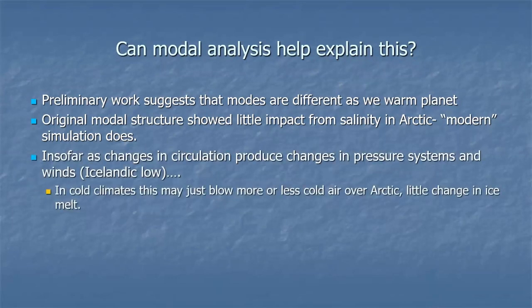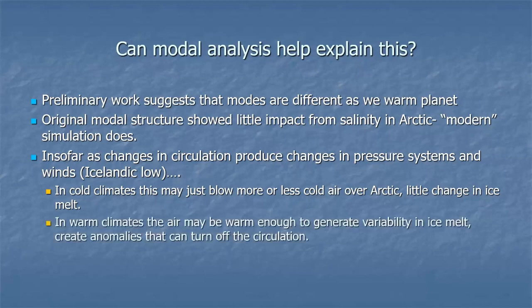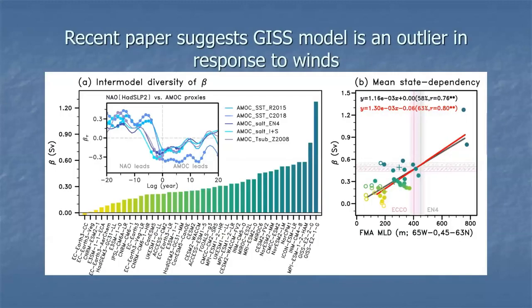And insofar as we showed earlier that changes in circulation produce changes in pressure systems, what may be happening here is that in cold climates, with the Icelandic low, those changes in the pressure are bringing air in from Northern Europe that's pretty cold. And so you blow cold air over the ice, it doesn't change very much. But in warm climates, the air may be warm enough to generate variability in ice melt, which may be generating variability in salinity that can help turn off the circulation.